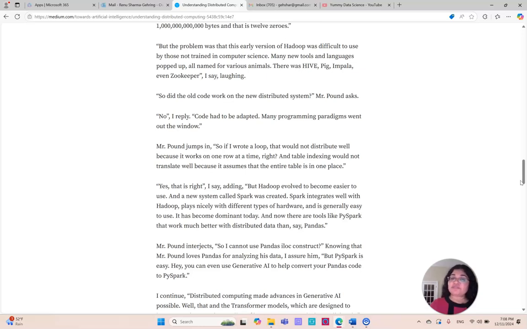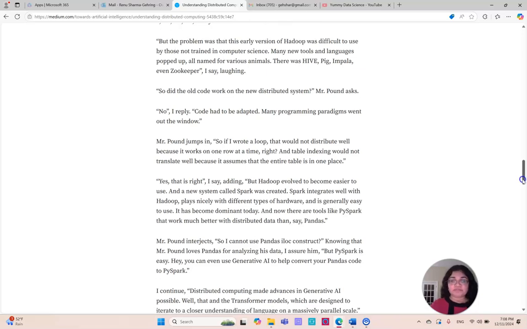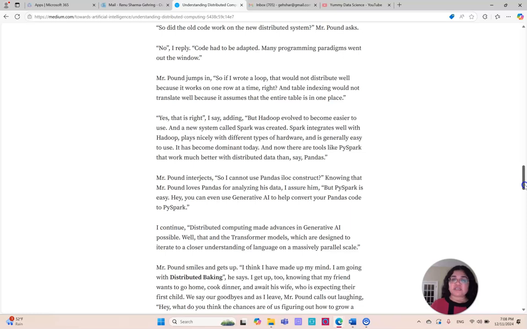Spark integrates well with Hadoop, plays nicely with different types of hardware, and is generally easy to use. It has become dominant today, and there are tools like PySpark that work much better with distributed data than, say, Pandas." Mr. Pound interjects. "So I cannot use Pandas iloc construct?"